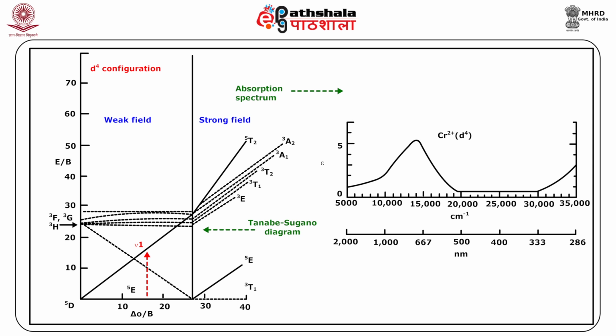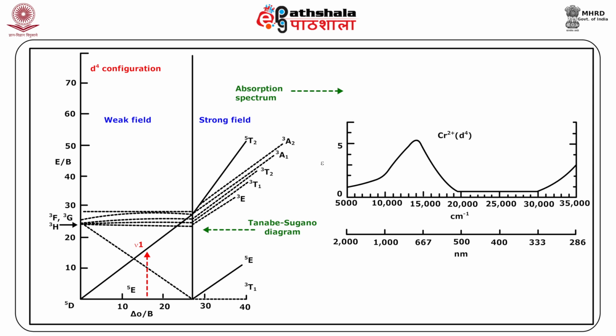Now, as we move from weak towards the strong field limit, it can be seen that the ground state changes to triplet T1g, which actually correlates with the triplet H term in the free ion case. The spin multiplicity of this term is 3, as was likely to be.